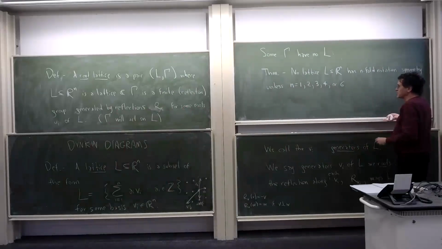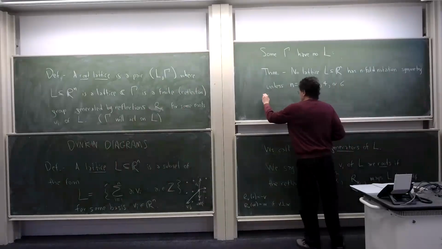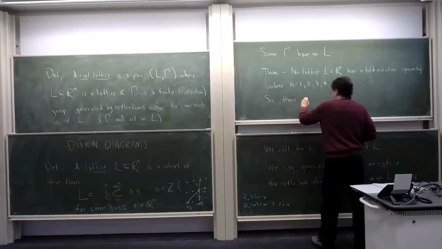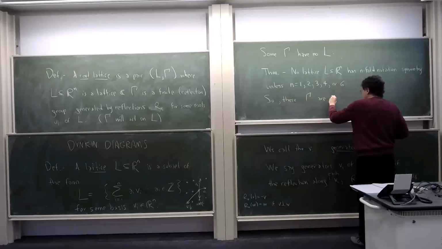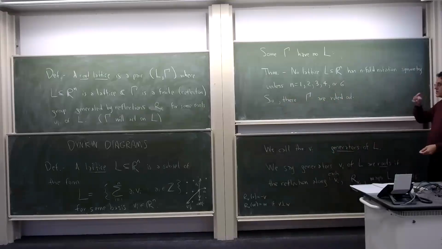This fact, which I'm going to show you what goes wrong in the case n equals 5 in a second, is enough to rule out certain finite reflection groups. Those are the ones that have rotation symmetries of order 5, 7, 8, or so on.